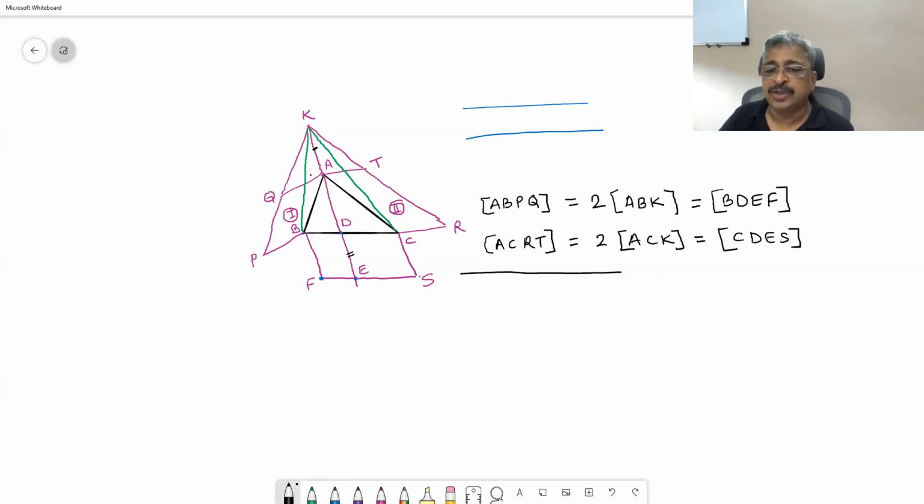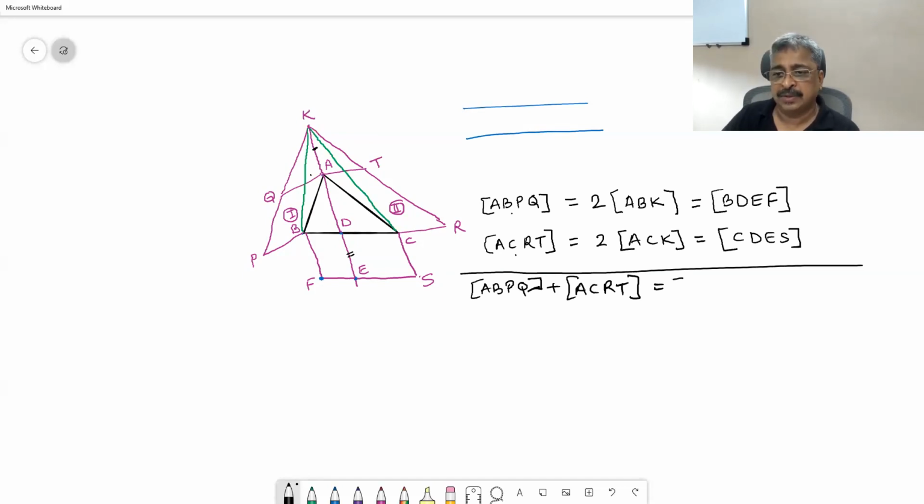Now, if we add these two areas, that is area of ABPQ plus area of ACRT, we should get the addition of these two areas, BDEF plus CDES.